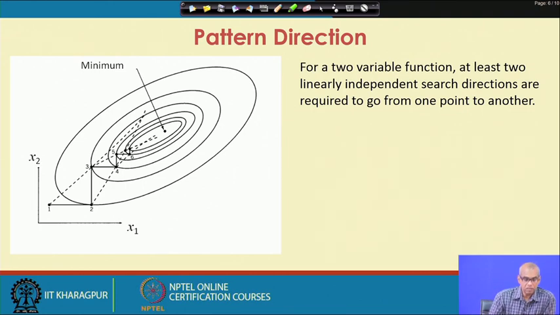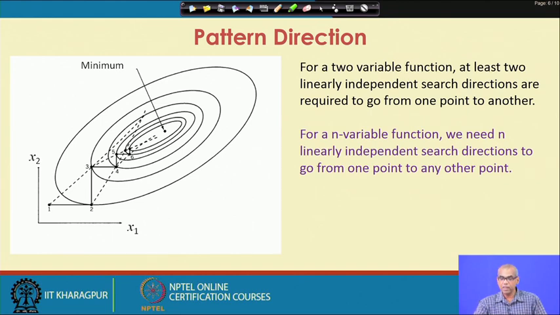What you see in the figure is a contour of a two variable function. So, going from one point to another, you need at least two linearly independent search directions.